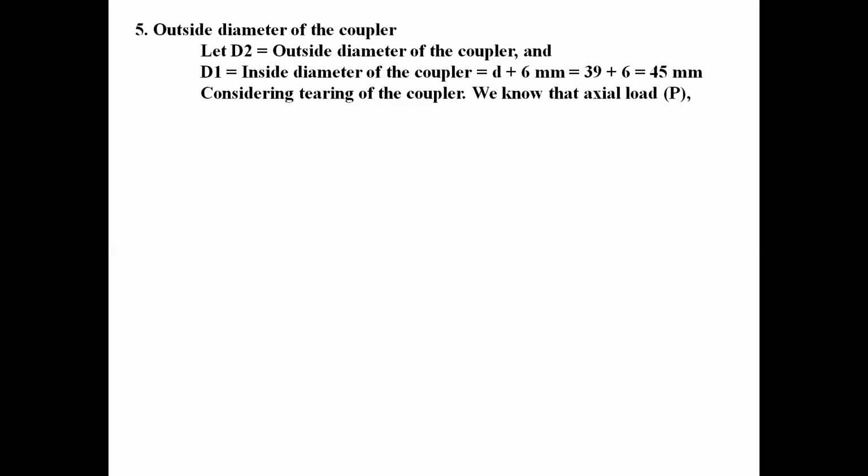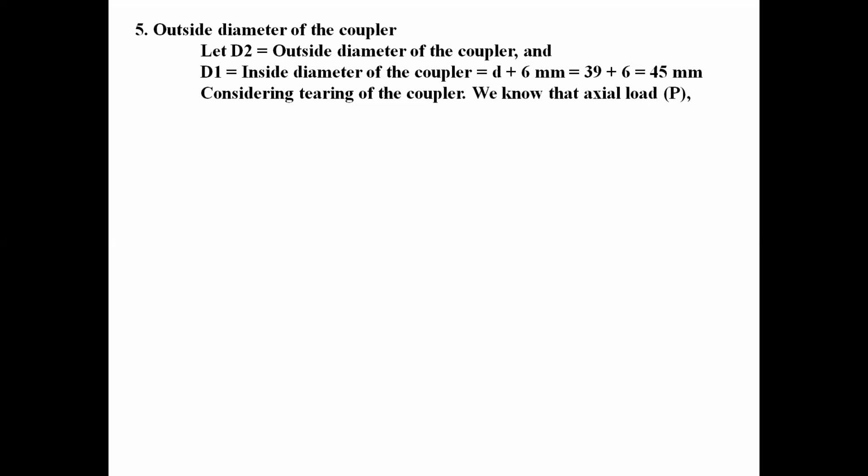That's why the internal diameter of the coupler is 39 plus 6, so it comes out 45 mm. Here the small gap is provided. Otherwise, what will happen? The threaded portion of that tie rod cannot easily come inside the coupler space. So a small cavity or small clearance should be there.